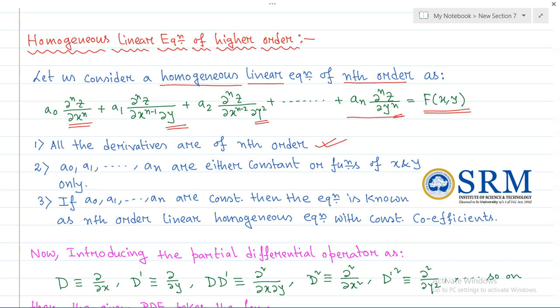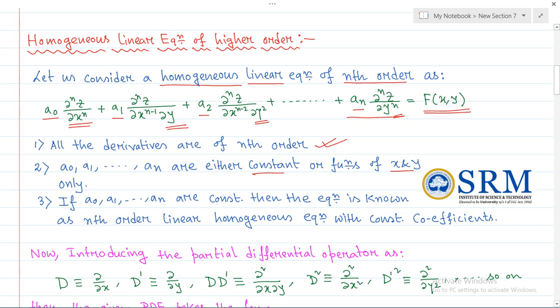That is why it is known as the homogeneous equation. Now the coefficients that we have written here, a0, a1, a2 up to an, can either be constant or a function of x and y only. They cannot be functions of x, y, z, otherwise it cannot be linear.